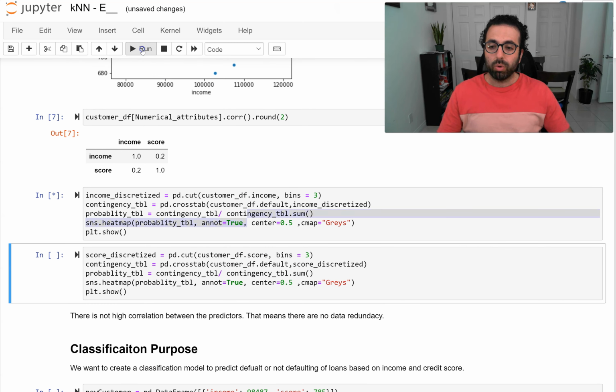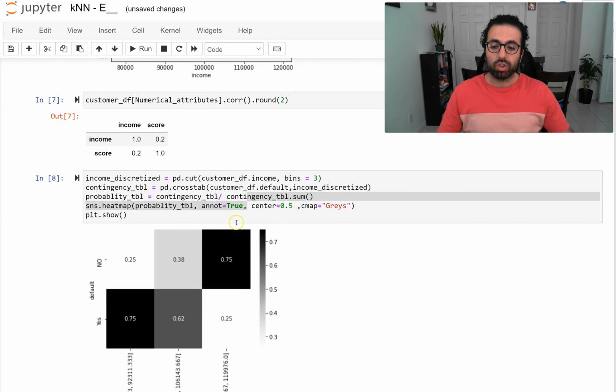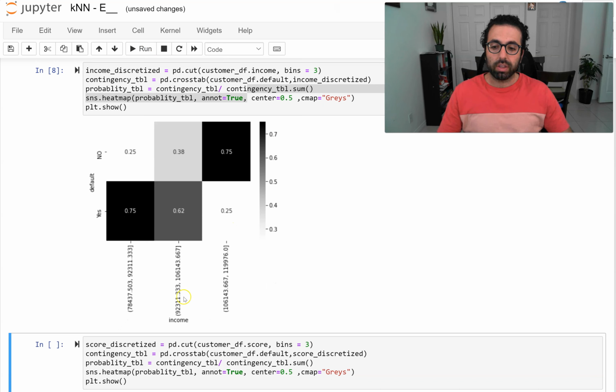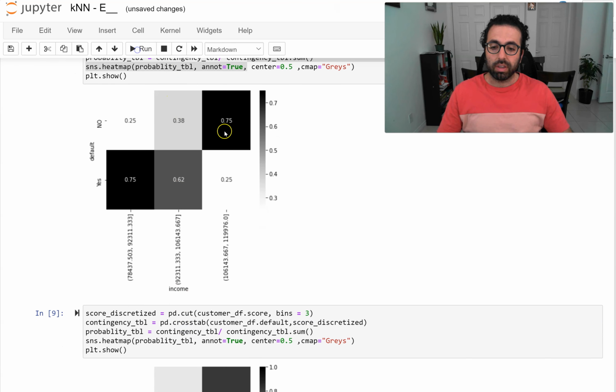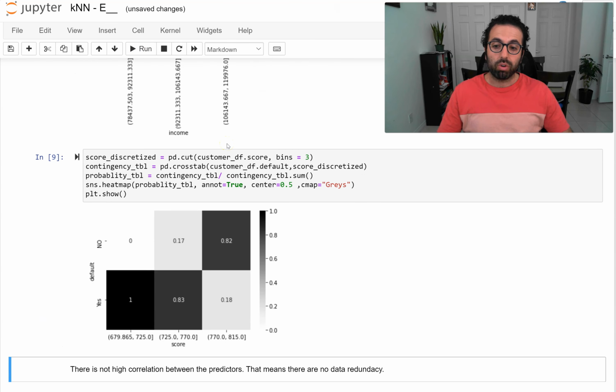So we do visualization to see that the income has a strong relationship with a customer being in default or not. And also we can see that the credit score also has a strong relationship with the customer being in default or not.